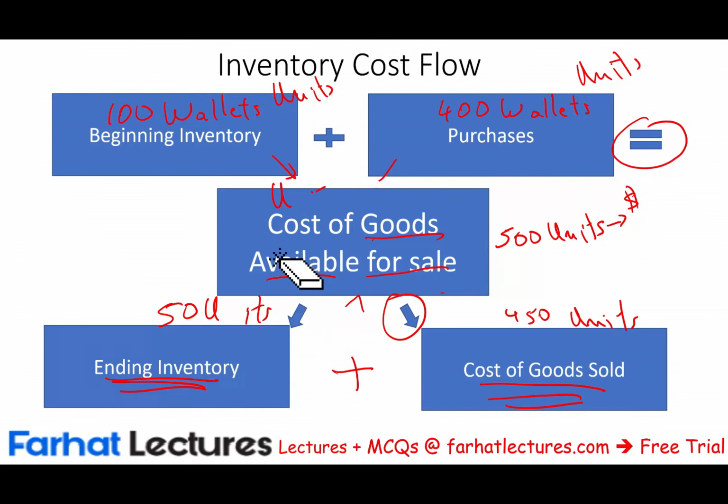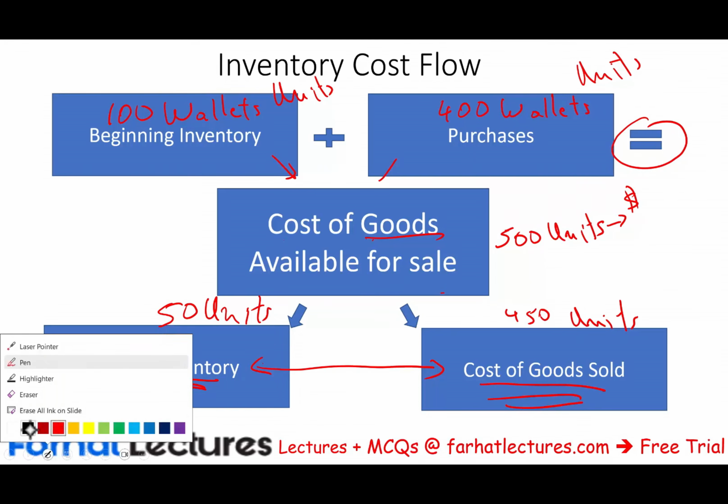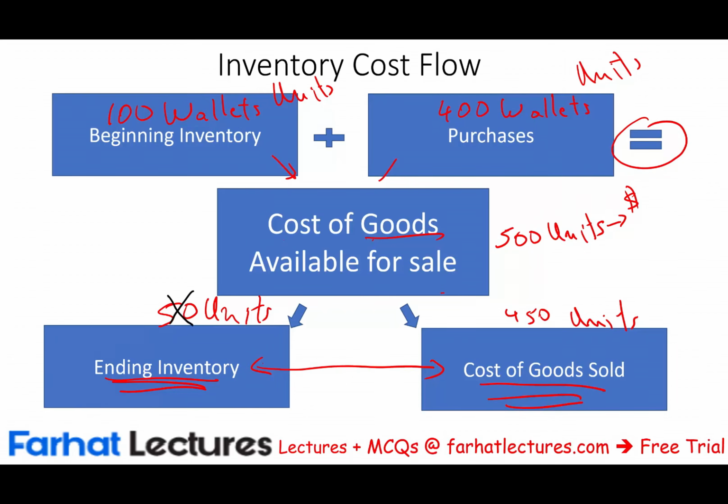Goods available for sale. Now another important relationship is the relationship between ending inventory and cost of sales. Let's assume, for the sake of illustration, the person doing the count, remember we sent someone to count the units in ending inventory, by mistake assumed that we had not 50 units, they counted 75 units.